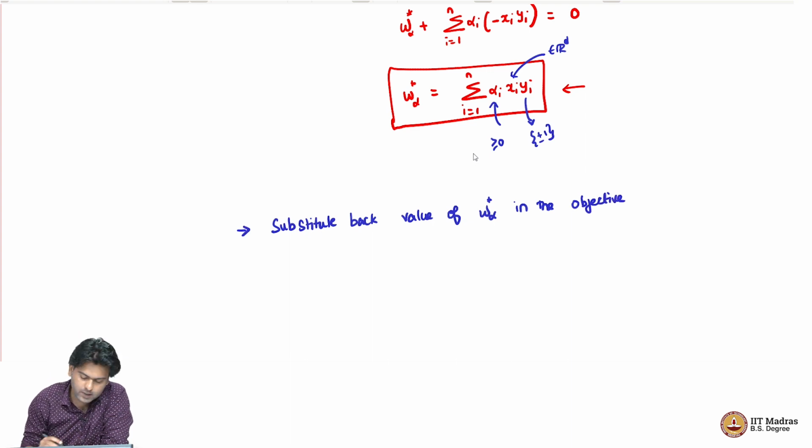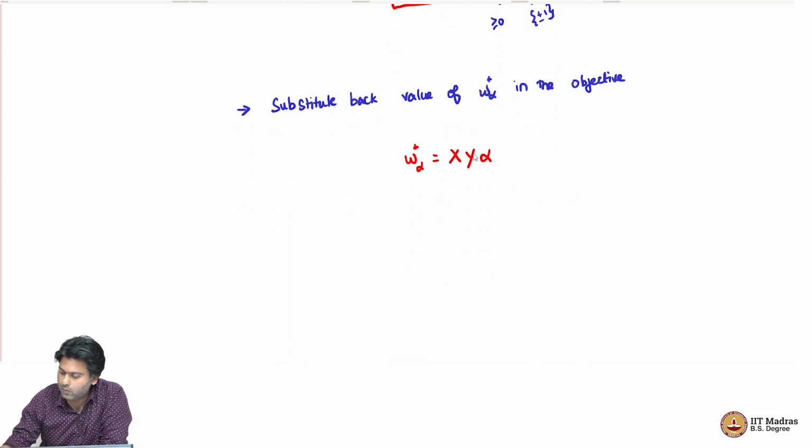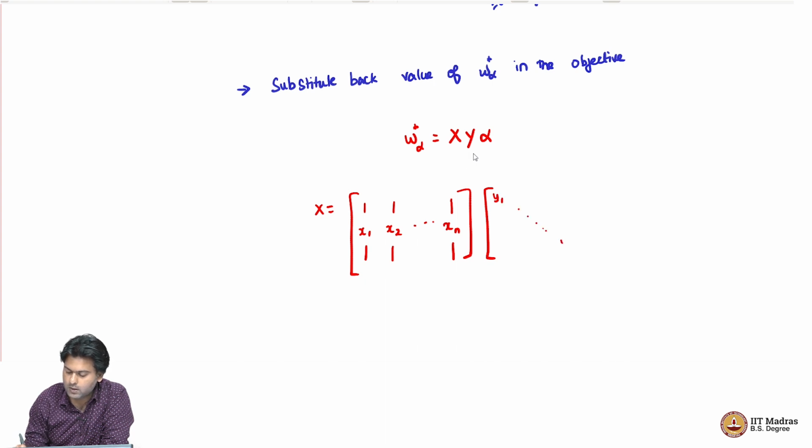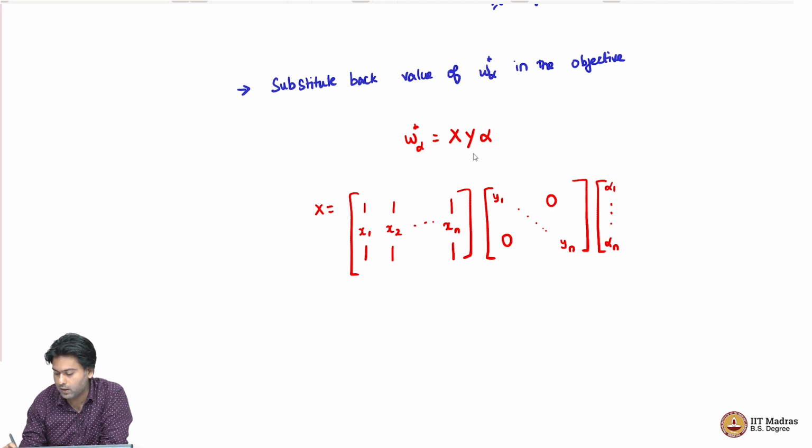To do this, first I'll make a note that w star alpha can be written in matrix notation as X Y alpha, where X is a matrix which has our data points as columns, x1 to xn, and Y is another matrix which has our labels on the diagonal. It's a diagonal matrix, all the rest is 0. And alpha is, as usual, the alpha that I input to this. So I fix some alpha, that is this alpha.